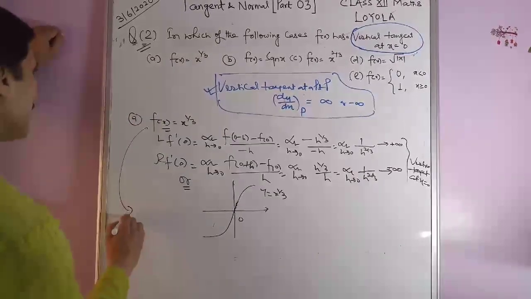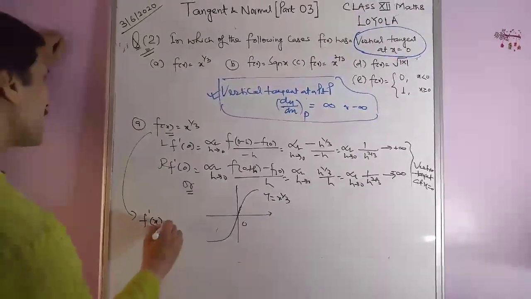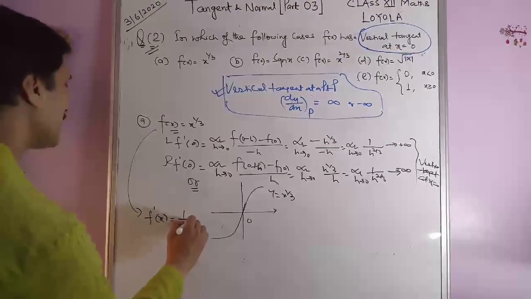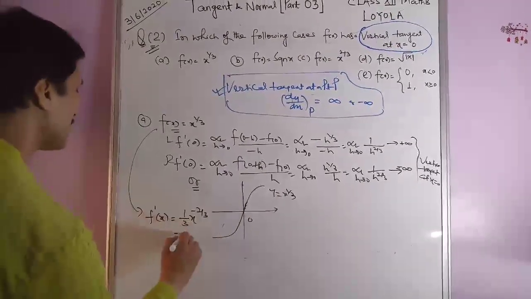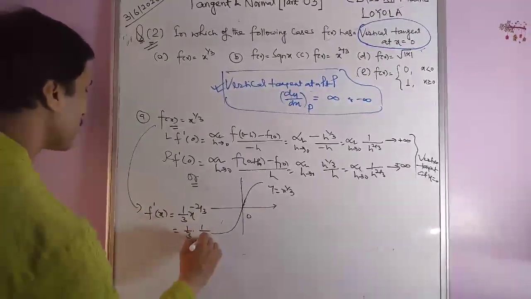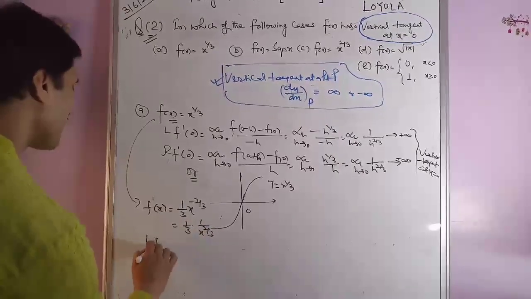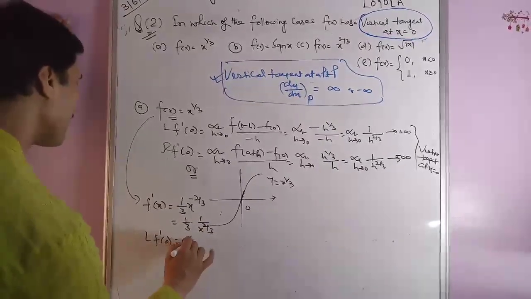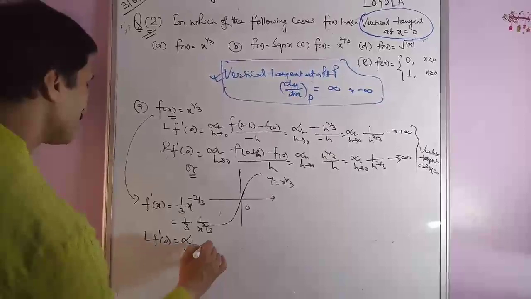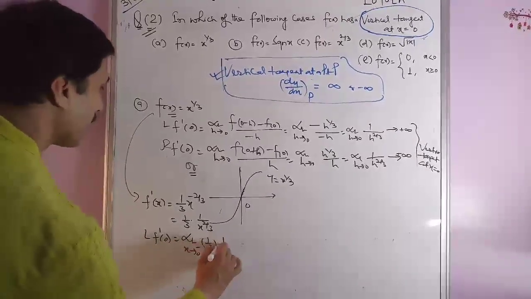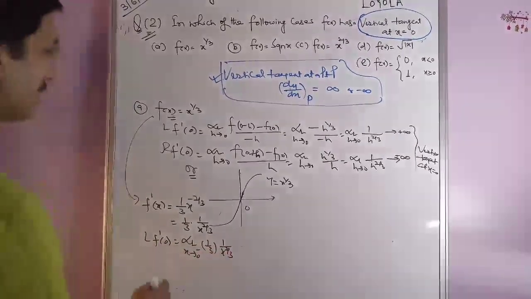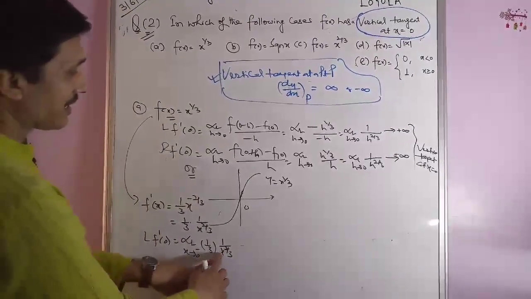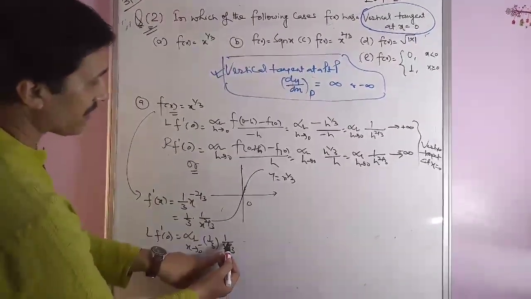We simply differentiate here: f dash x is 1 by 3 x to the power minus 2 by 3, that is 1 by 3 into 1 upon x to the power 2 by 3. L f dash 0, limit x tends to 0 minus, 1 by 3, 1 upon x to the power 2 by 3. Obviously x is negative, here power of x is even.